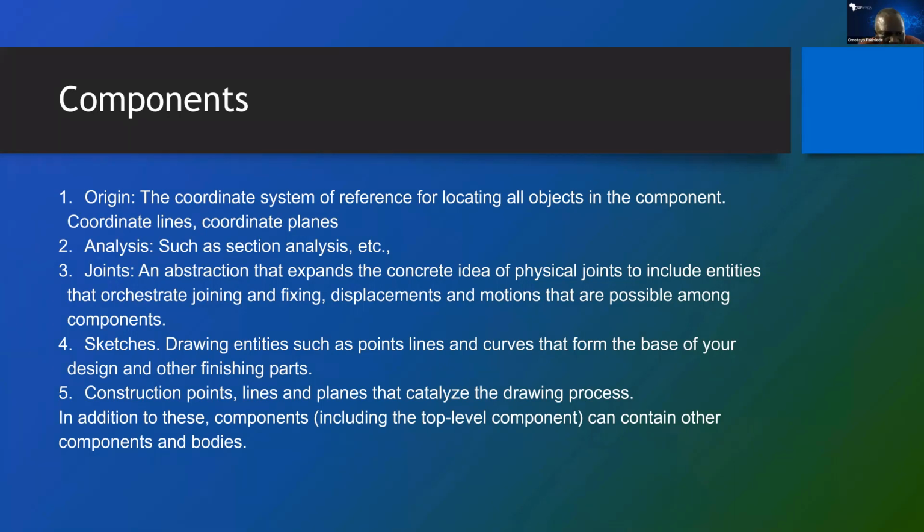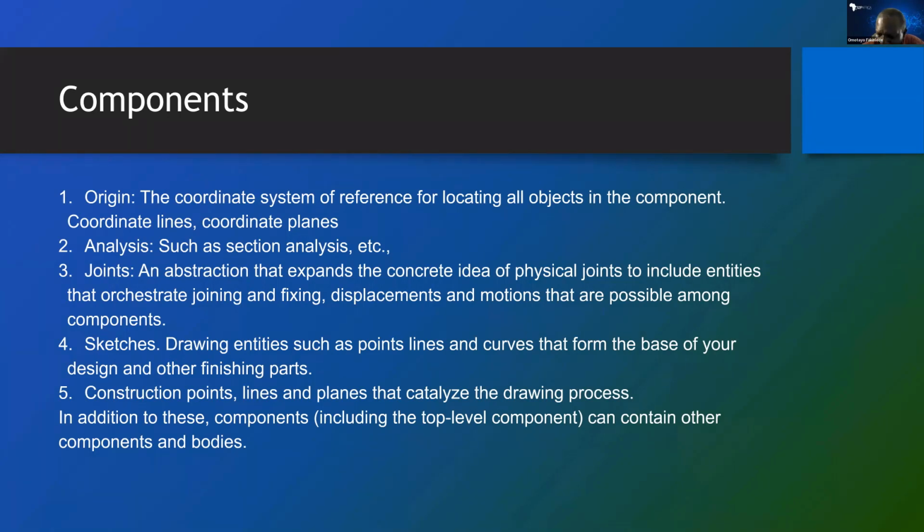Third, joints is an abstraction that expands the concrete idea of physical joints to include entities that orchestrate joining, fixing, displacements, and motions that are possible among components. Please be very careful. Joints only join components. They don't join bodies.